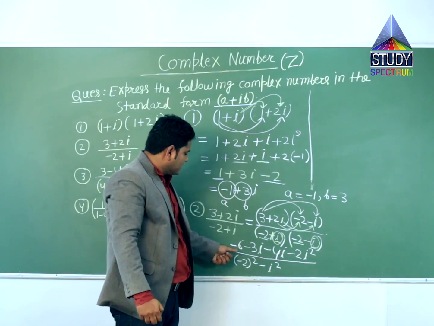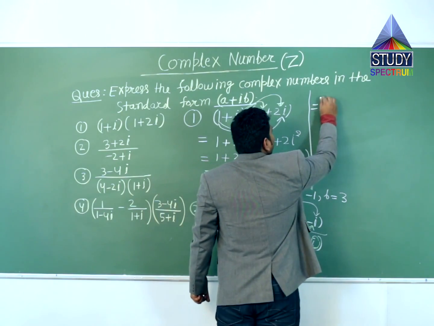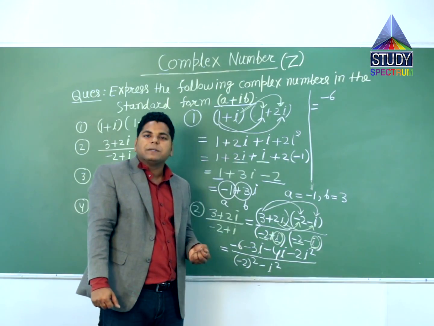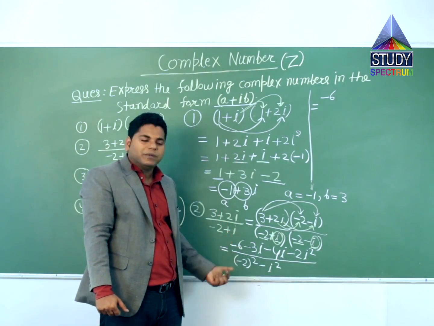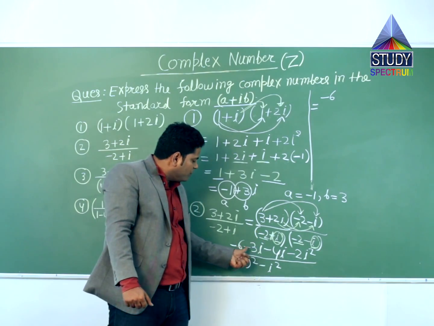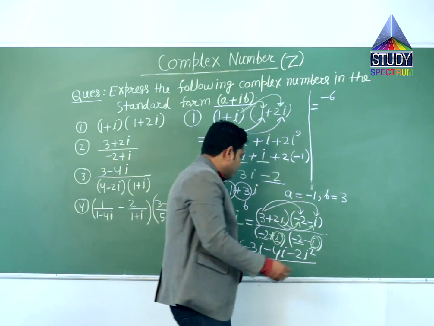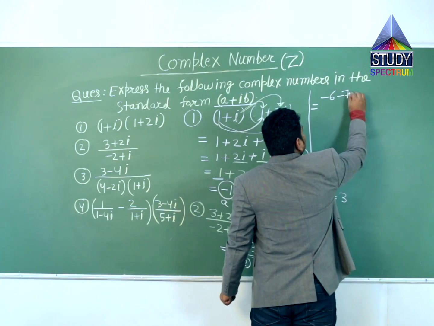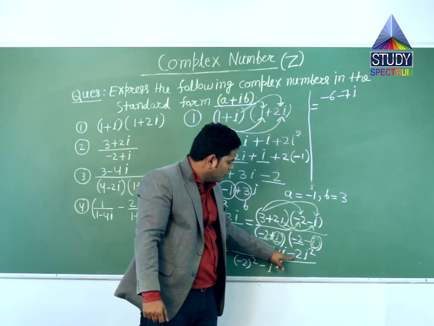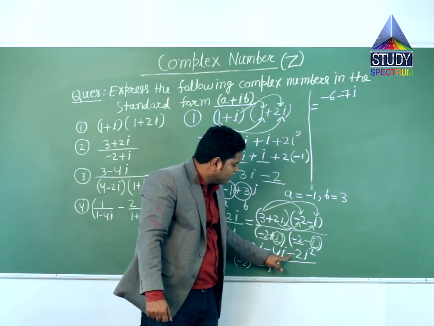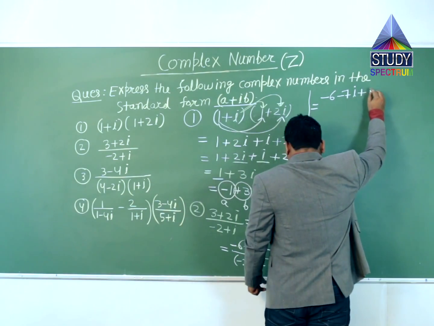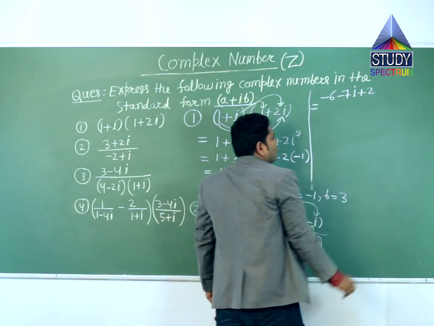So minus 6 minus 3i minus 4i, both have the same sign, so we'll add both of the numbers. So 3 plus 4 is 7, but we'll put the sign minus, so it will be minus 7i, and minus 2 i square, where i square is minus 1, so minus into minus is plus, so we write plus 2.